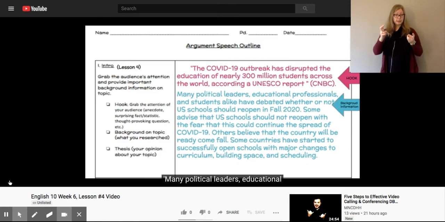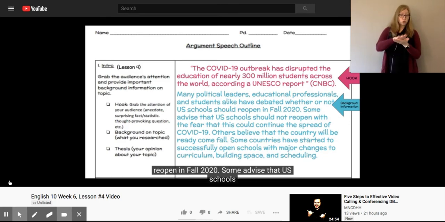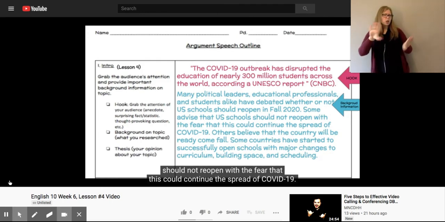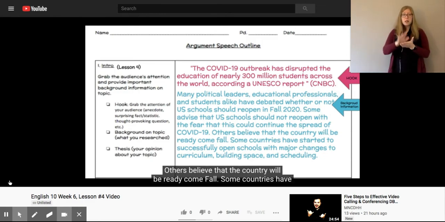Many political leaders, educational professionals, and students alike have debated whether or not U.S. schools should reopen in fall 2020. Some advise that U.S. schools should not reopen with the fear that this could continue the spread of COVID-19. Others believe that the country will be ready come fall.